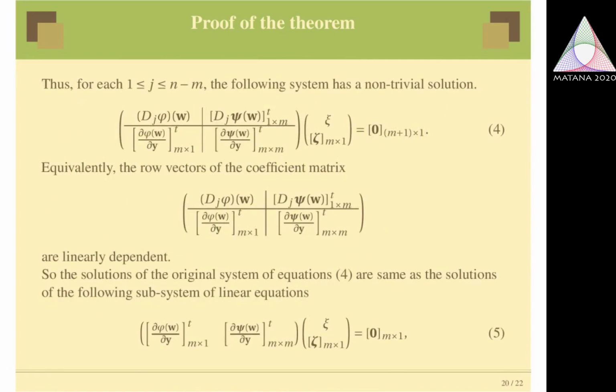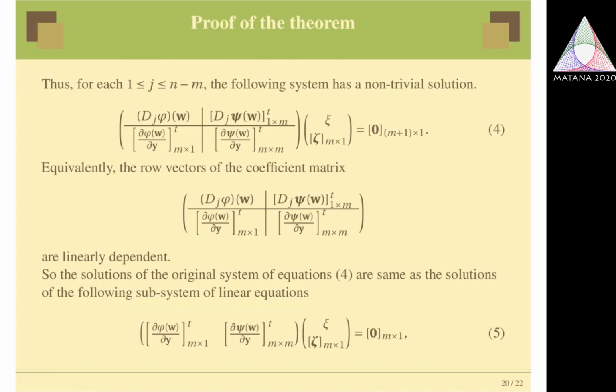Consider another system of linear equations shown in equation number 4. We can easily observe that the coefficient matrix of this system of linear equations is the transpose of the coefficient matrix of the linear equation discussed in the previous slide.